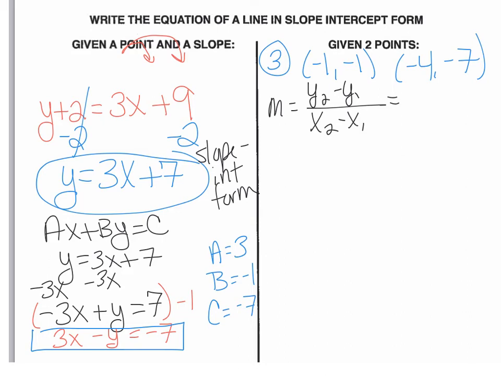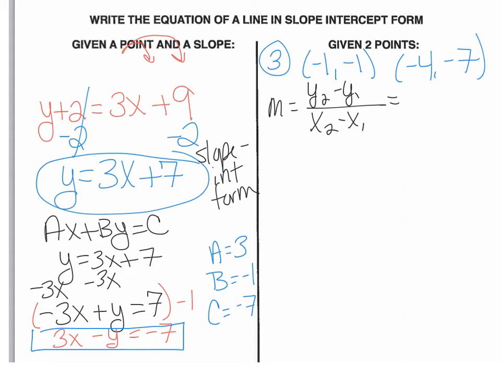If you label them as x1, y1, x2, y2, you'll still come out with the same answer, but I'm just going to keep it as is for right now so that we can see a little more clearly how to fill in our formula. So we're subtracting the y's, subtracting the x's, finding those differences, and then dividing. We want to find the ratio of those.